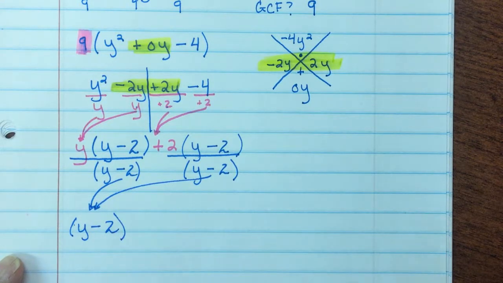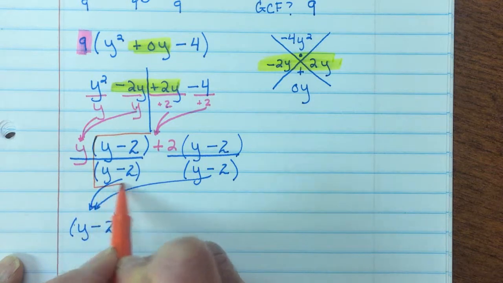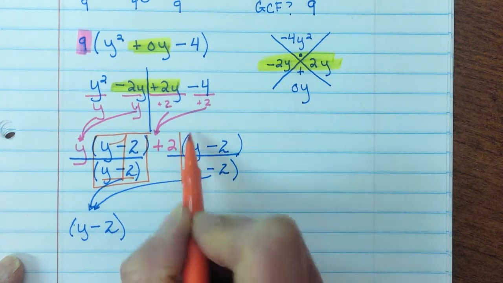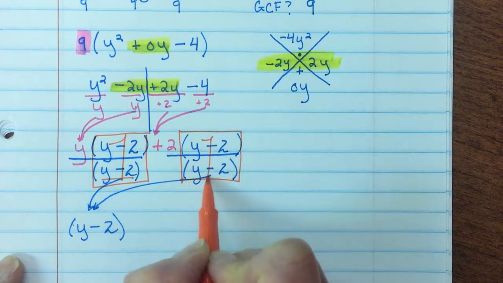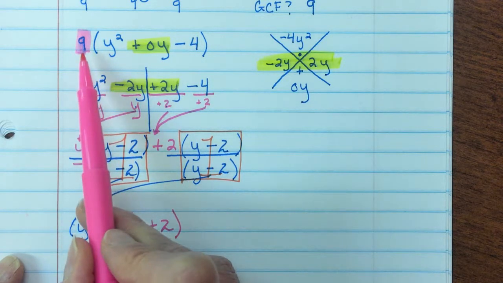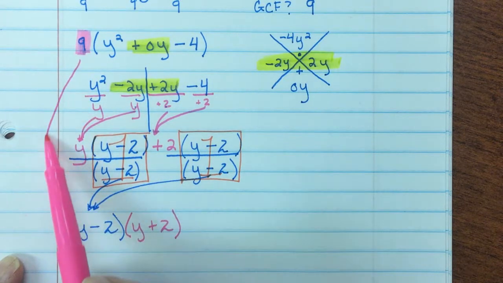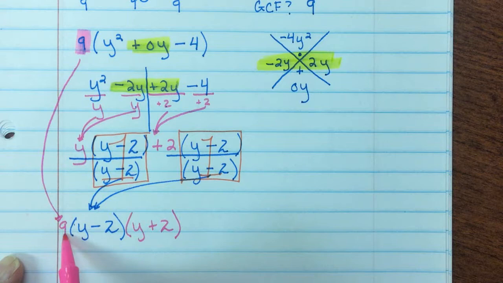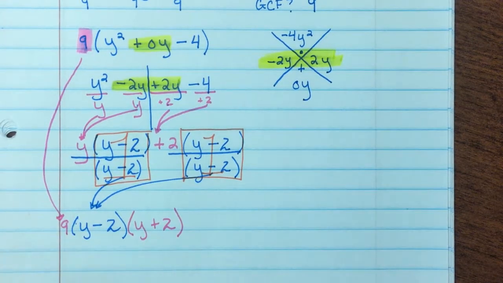And again, I have y minus 2 divided by y minus 2, same on the top and the bottom. Those divide out to 1. So I'm left with y plus 2. And I don't want to forget that little 9. That 9 has to come back down. So those are my factors.